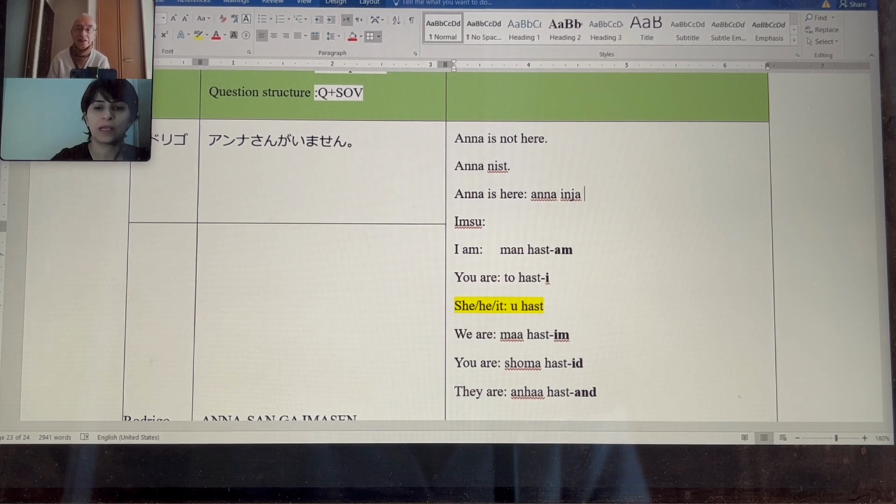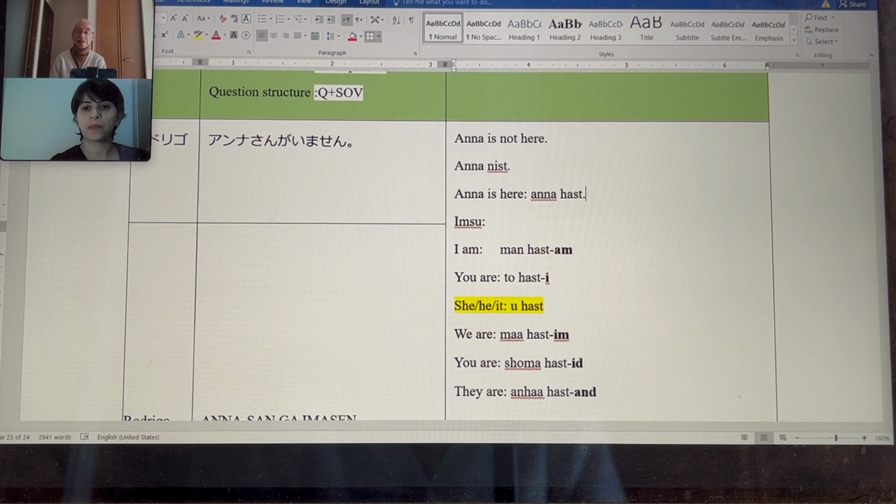In case of this, basically you use asked. But if you don't use inja, you just say that Anna asked. It means that Anna imasu. Anna has. Anna nist means Anna isn't here.